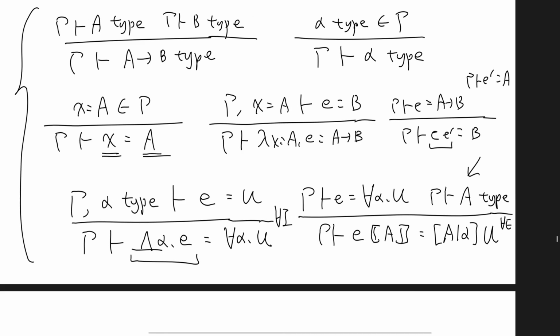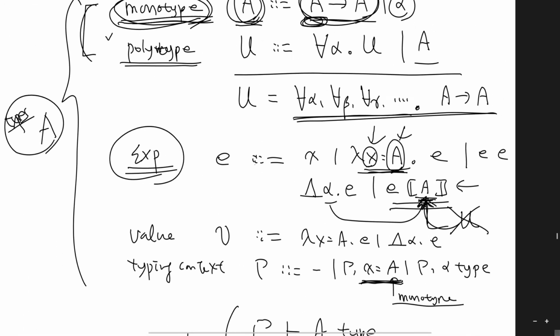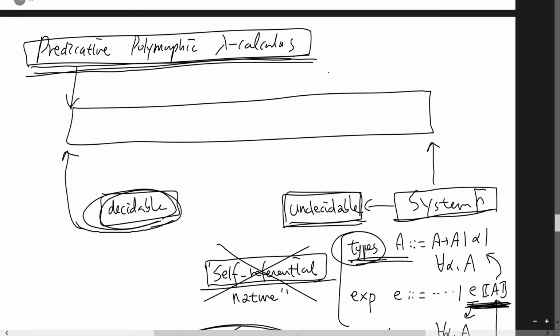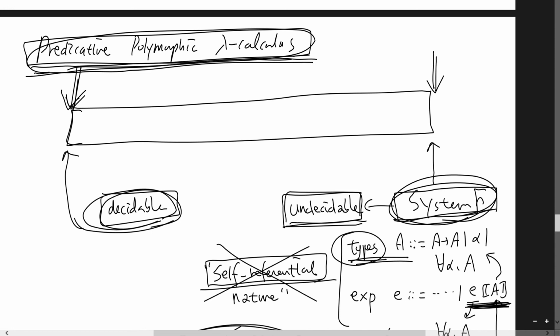Now, why is it that this language is fine? So we go back to here. Here we have predicative polymorphic lambda calculus. It is positioned at the left extreme end, whereas system F is positioned at the right extreme. System F is too powerful, but it has the downside of being undecidable.